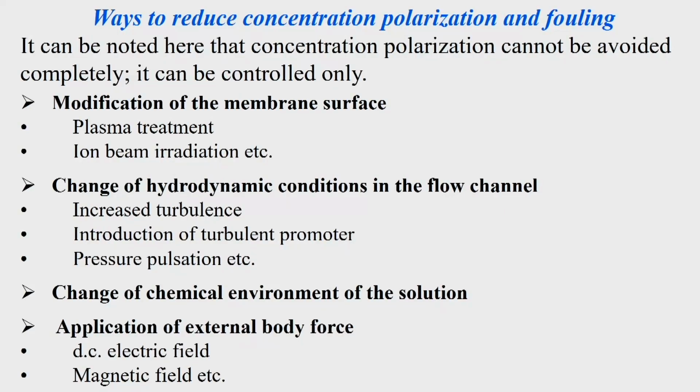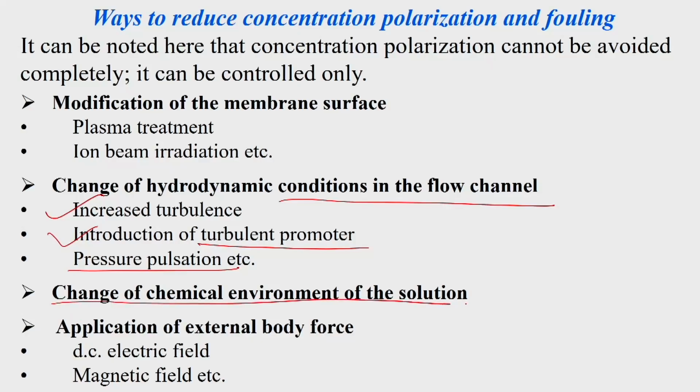Now, ways to reduce the concentration polarization and fouling. It can be noted that concentration polarization cannot be avoided completely, but it can be controlled. There are several steps, like modification of the membrane surface using plasma treatment or ion beam irradiation, and change in the hydrodynamic conditions in the flow channel, like increased turbulence, introduction of turbulence promoters or wires, and pressure pulsation in the pumping system.